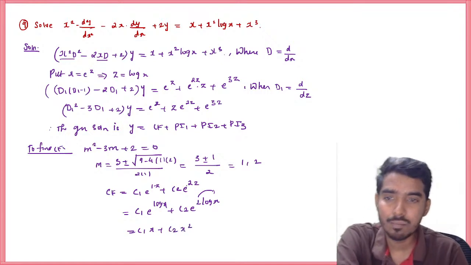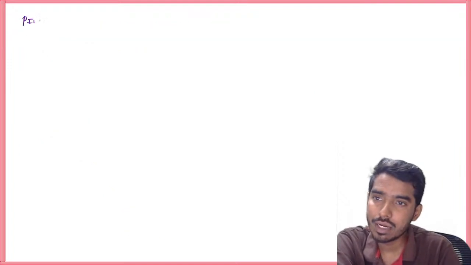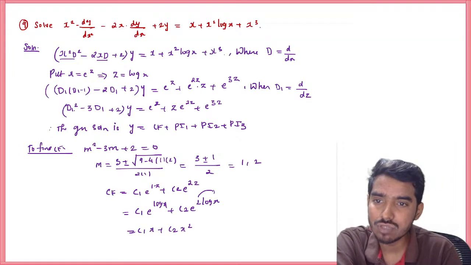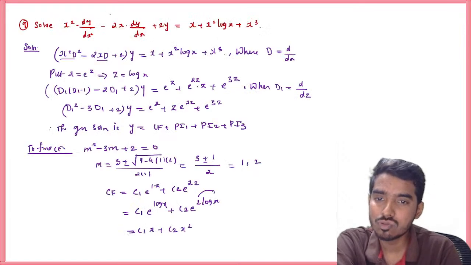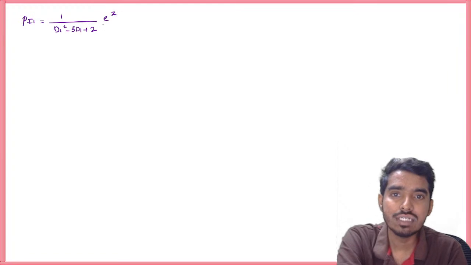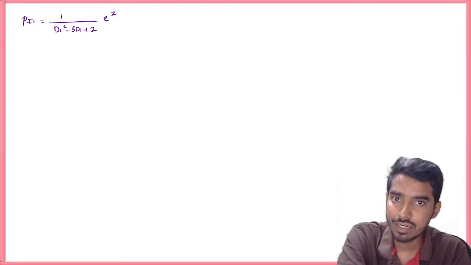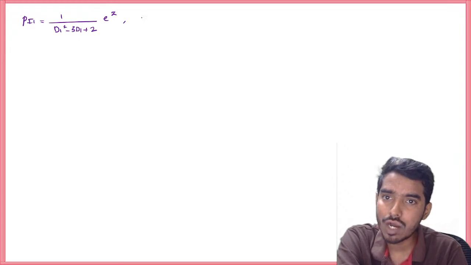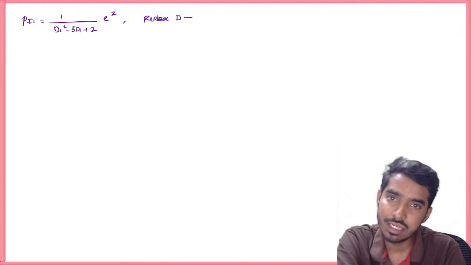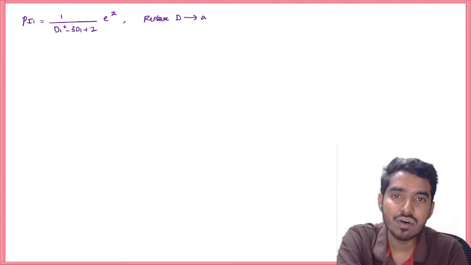Now we'll find PA1, PA2, PA3. So PA1 is 1 by f of D1, so f of D1 is D1 square minus 3 times D1 plus 2, on e power z. This is a type 1 linear differential equation of constant coefficients of order 2. So what you have to do? Replace D by a, where e power az.